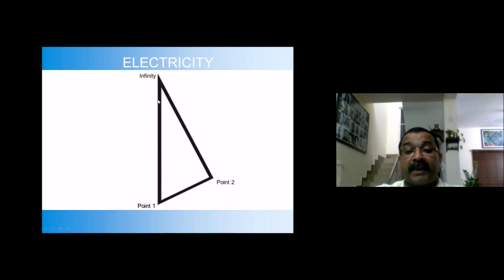Actually, we have defined two vectors to infinity, so we add them this way and we get the potential difference between point 1 and point 2. So this is a little bit complex for you, I think. So let us move over.